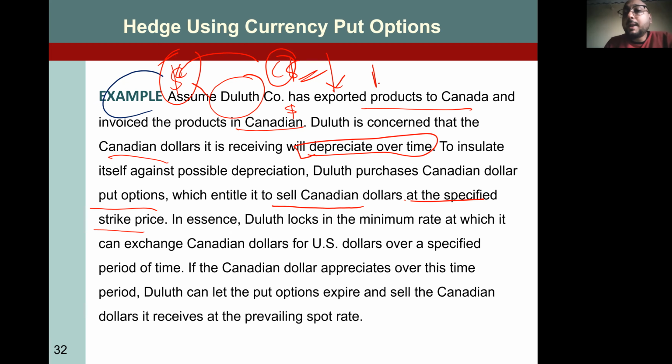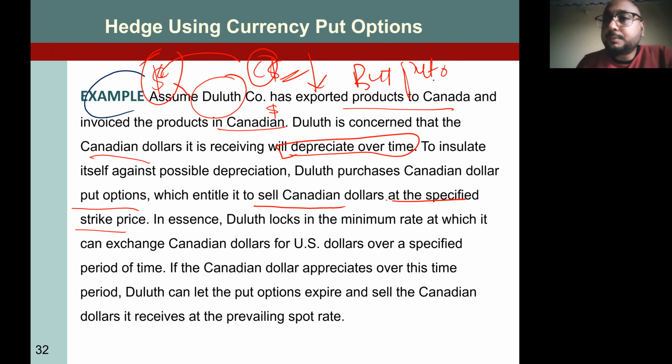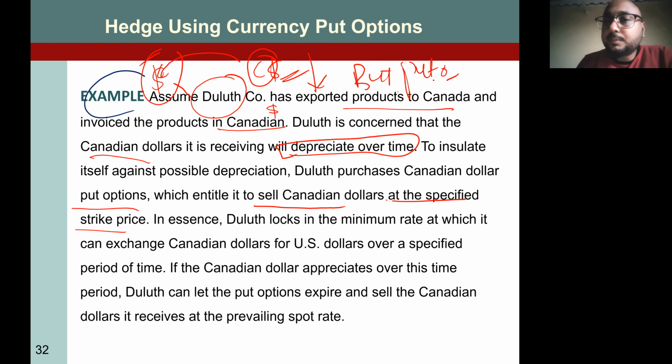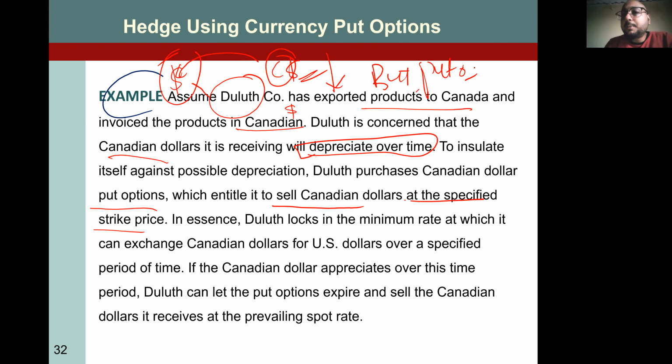So they buy a put of Canadian dollar: I will sell you Canadian dollars at the strike price after this time.